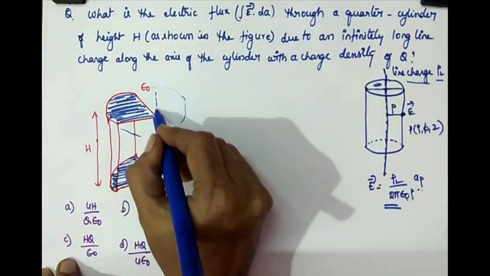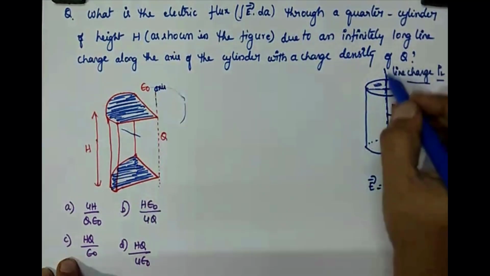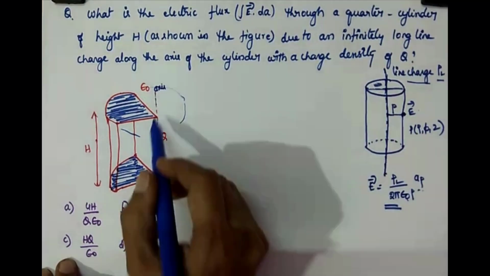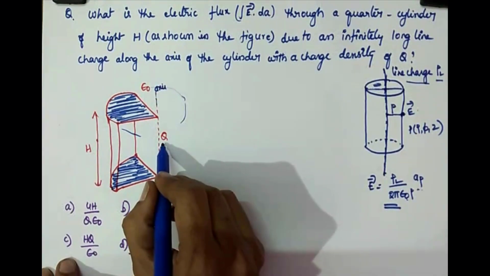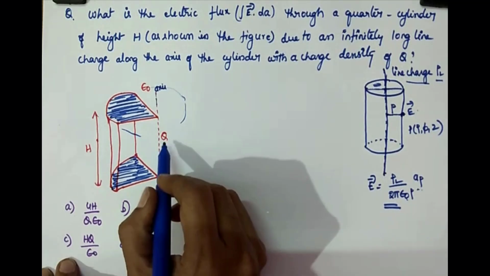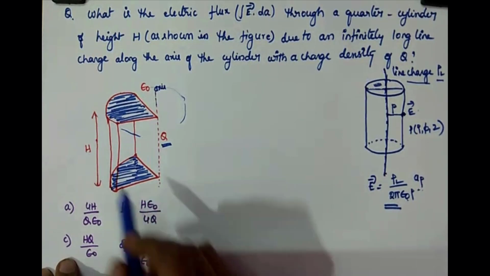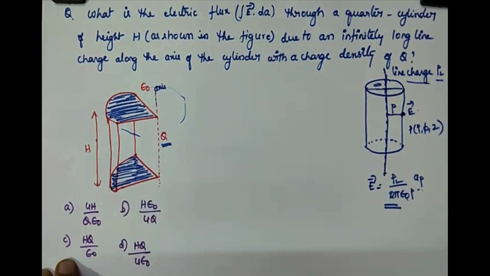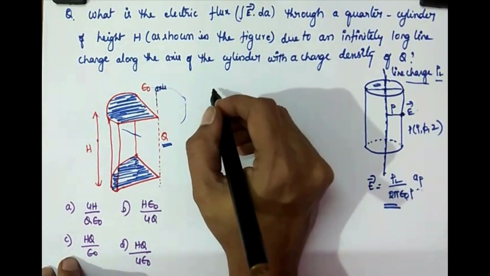This is the axis of the cylinder, and along the axis we have an infinitely long line charge of charge Q. The cylinder height is h. Then they ask to find the electric flux.